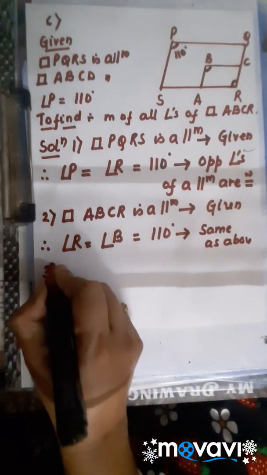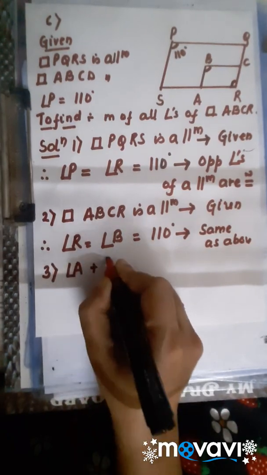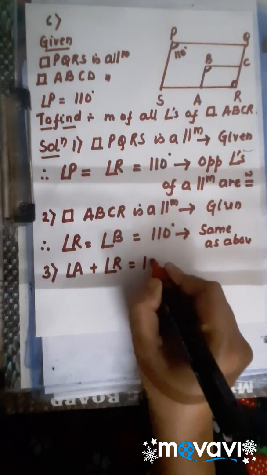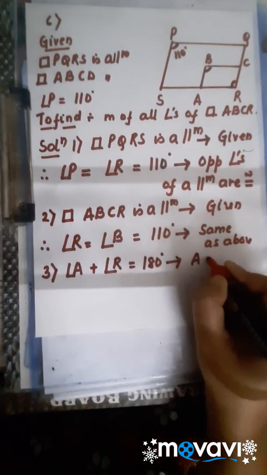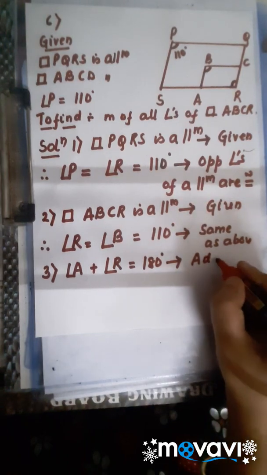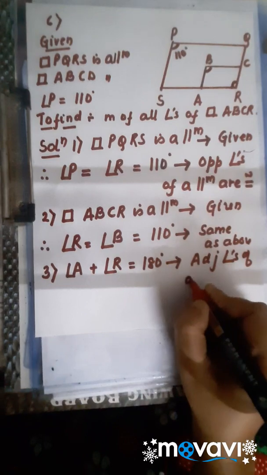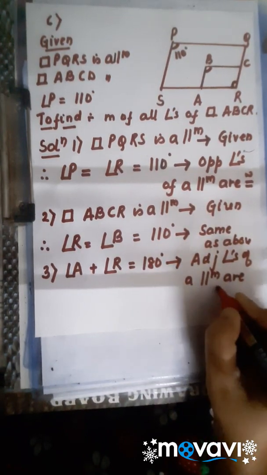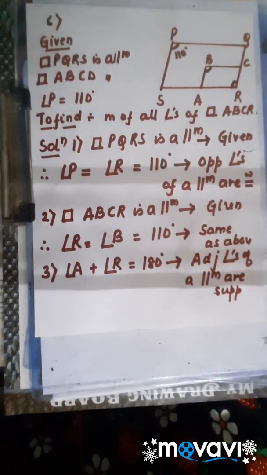Now, in the third step, I can say that angle A plus angle R in this parallelogram is equal to 180 degrees. What is the reason? Adjacent angles of a parallelogram are supplementary.